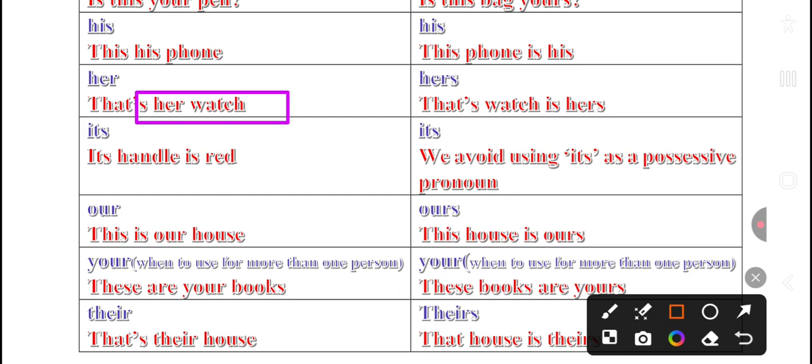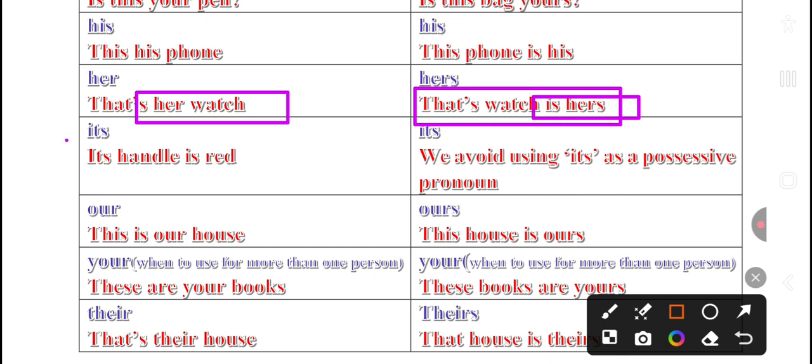Here, her is acting as a possessive determiner, whereas in the opposite, that watch is hers. Here, no noun has been used after hers. That's why it is acting as a possessive pronoun.